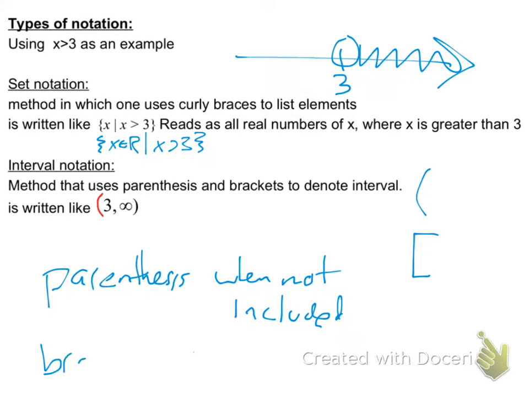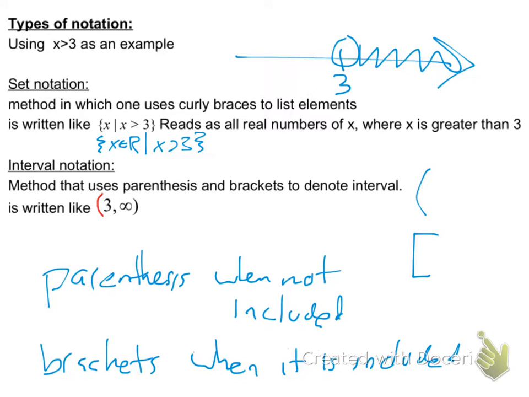You will use brackets when it is included. You use brackets when it is included. Now, we have on here, I had to change it because on my printout I had it wrong. 3, parentheses, 3, comma, infinity.